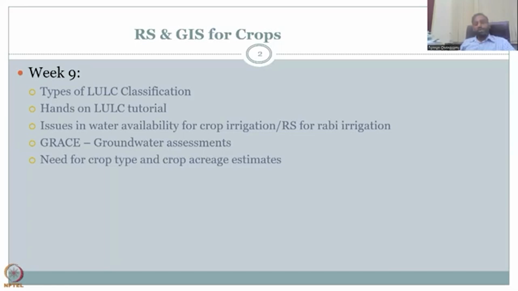Then we looked at issues in water availability for crop irrigation. We discussed crop irrigation as a particular entity because during the monsoon season, yes, if you have land, rainfall comes, you have agriculture. But during the non-monsoon season, only those farmers who have access to water can do irrigation, which is application of water for crops.